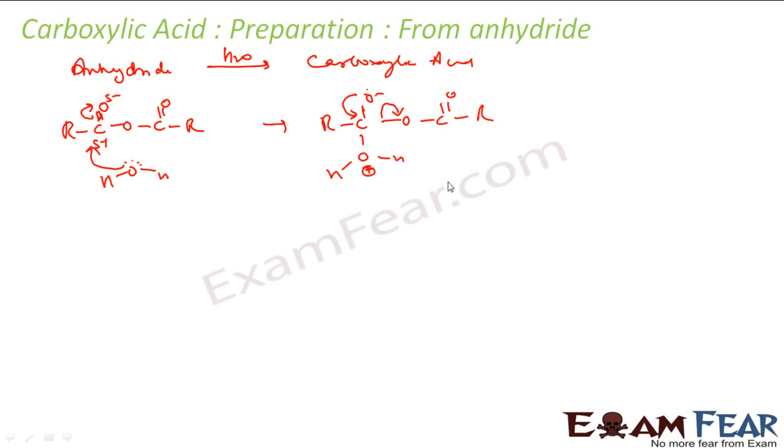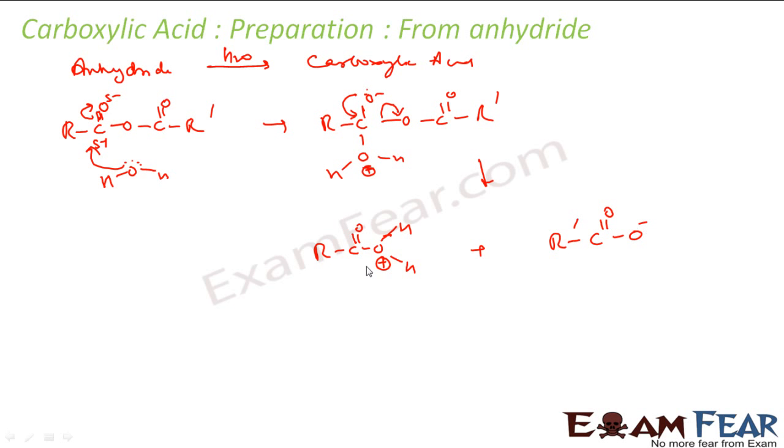So with this, what you will get is RCOOH with the positive charge on oxygen, and let's suppose this is R dash, you will get R dash COO with a negative charge.